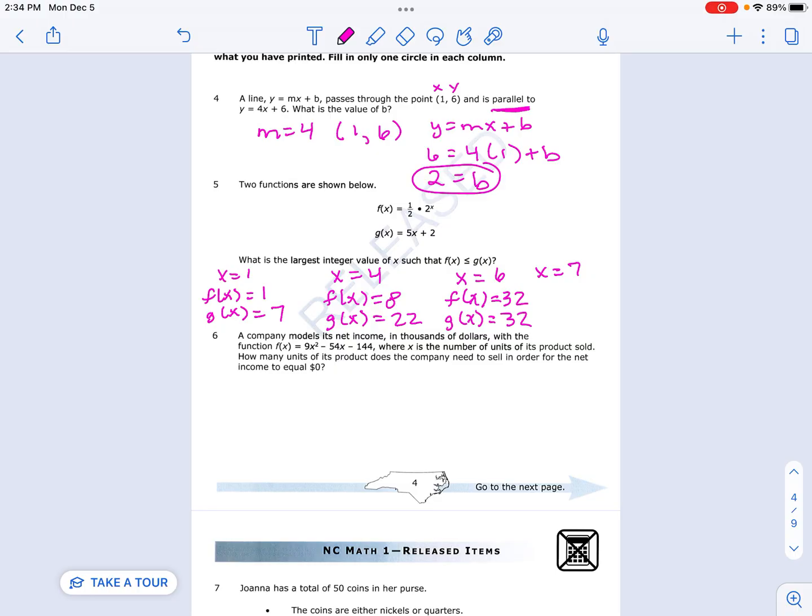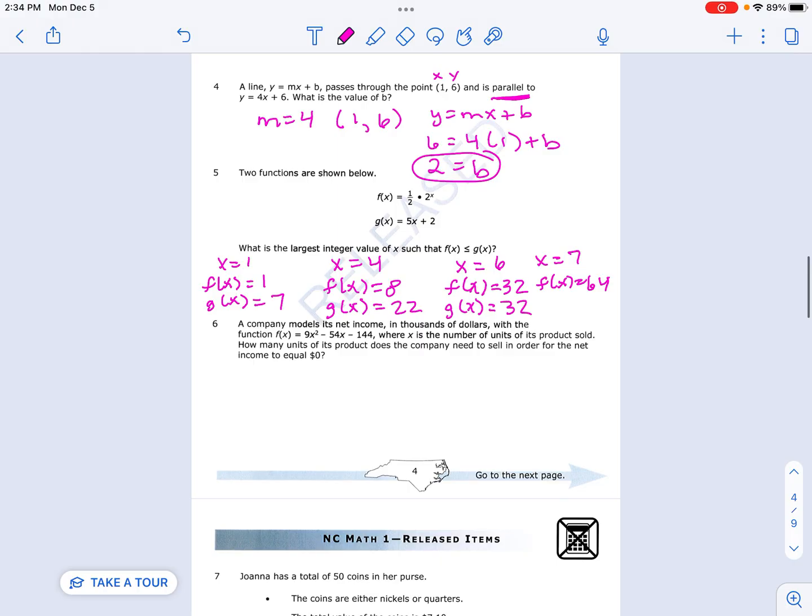So 64 times 2 is 128, but half of that is 64. And then I do 5 times 7, 35 plus 2, so 37. So now f of x is bigger, so the largest integer where f of x was less than or equal to g of x was 6.